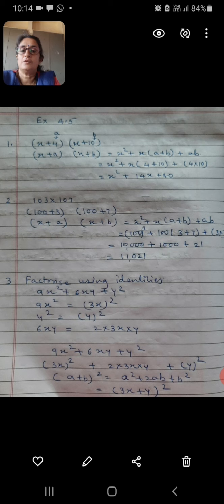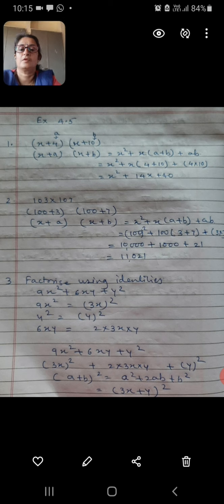Next, using the same identity, we are going to multiply the numbers 103 into 107. If you split 103, you will get 100 plus 3, and for 107, 100 plus 7. So it is the fourth identity only, x plus a, x plus b, that is x square plus x a plus b plus ab.